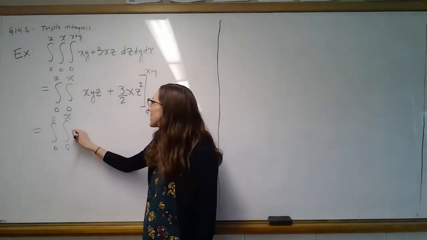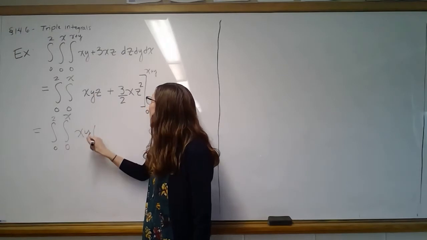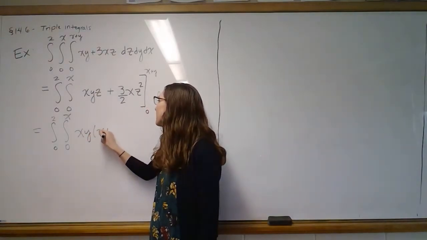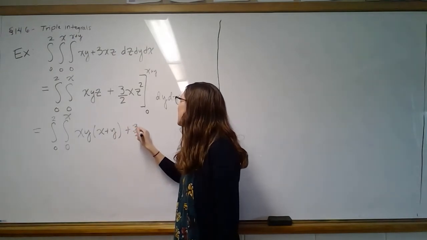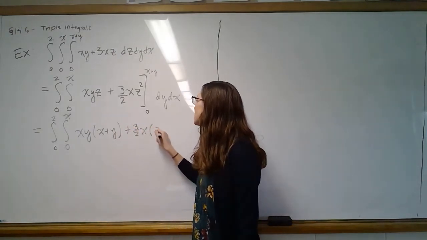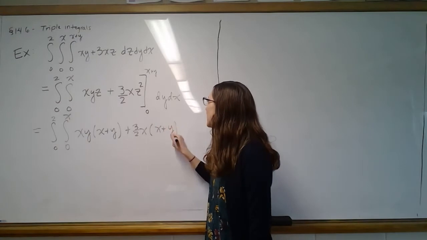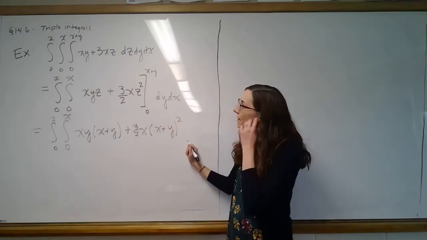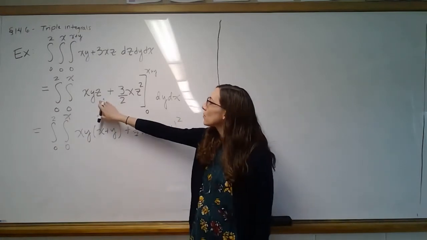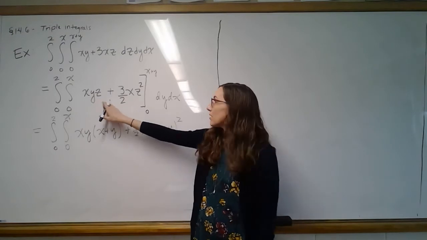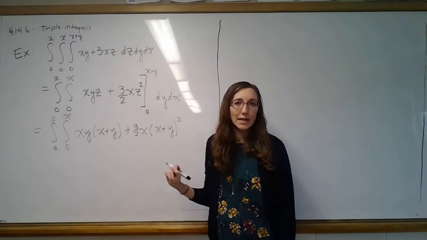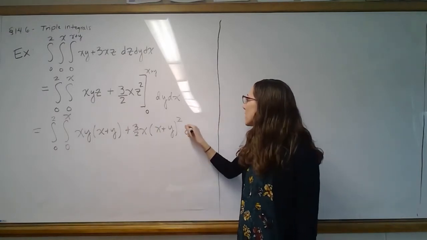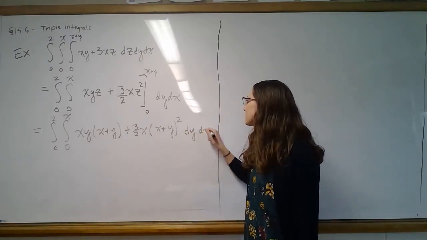So we're going to end up with xy times x plus y, and then we'll have 3 halves x times x plus y squared. And if I plug in 0, here we would just get xy times 0, which is 0, and then 3 halves x times 0, which is 0, so we don't get anything from the bound of 0. So then we have dy dx.